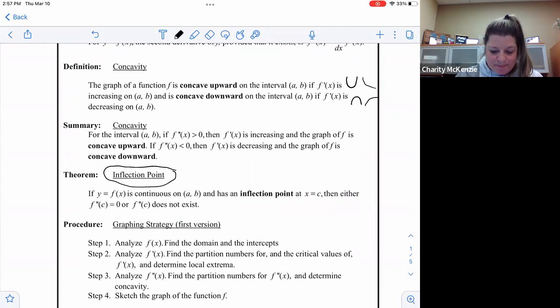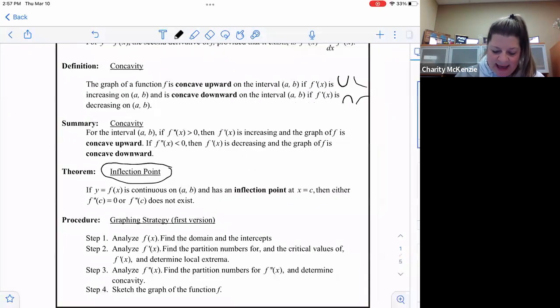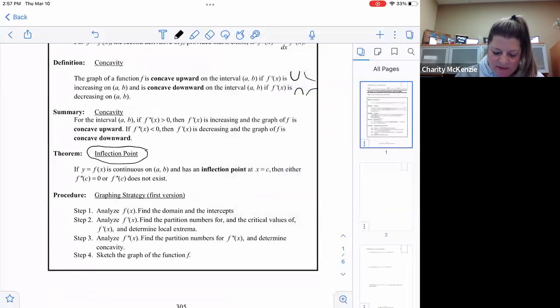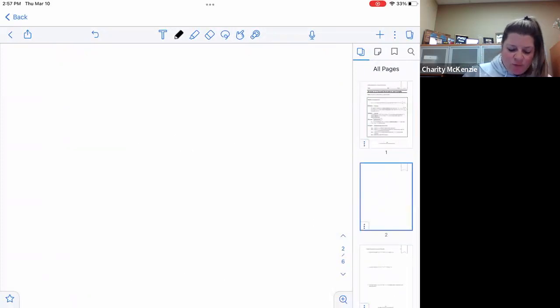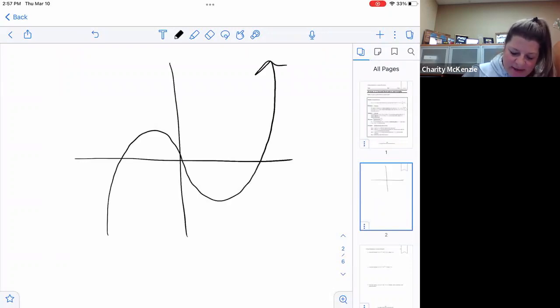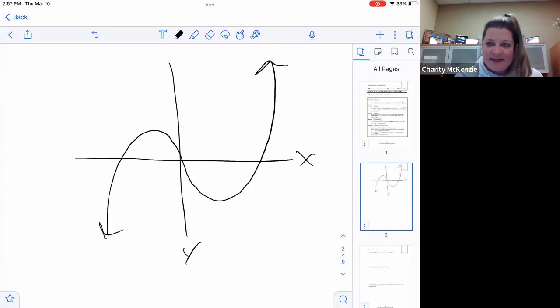So let me add a little page here real quick and go to that. So if I drew something, even like this, kind of like the last shape I drew, right? Here's our X, here's our Y. If I have something like this, we know it's increasing from here to here, but it's concave up all the way to about halfway to here.